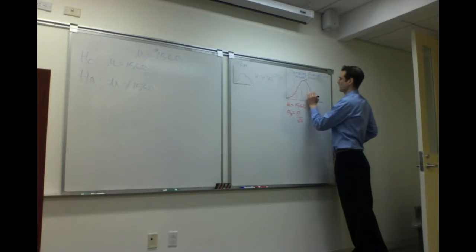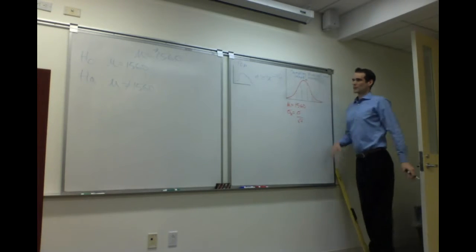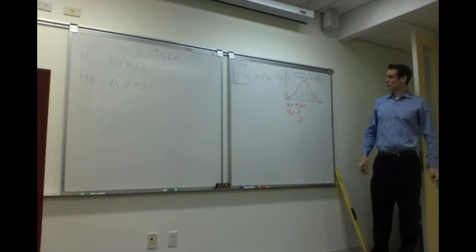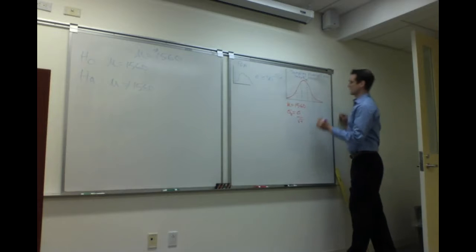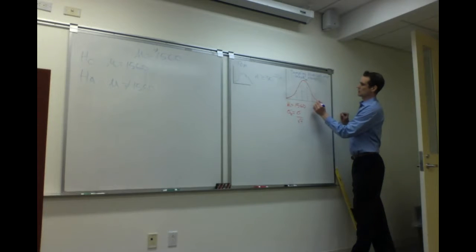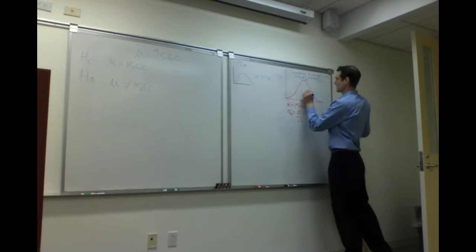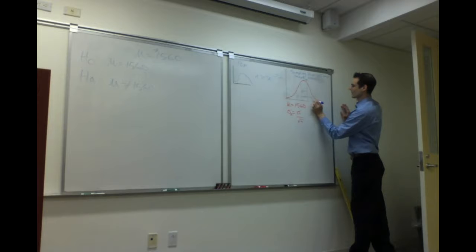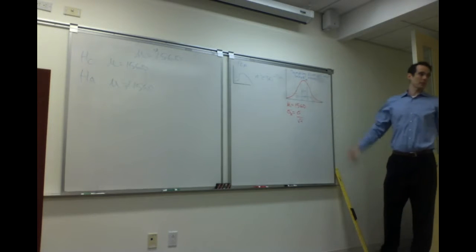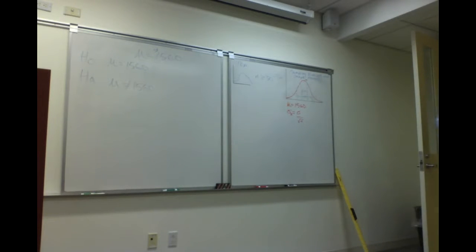So, suppose we were to take a sample mean and we were to get one of those sample means that falls, let's do this, this is 1, and this is 2 standard deviations. Okay, we were to get one of those that falls above 2 standard deviations above the mean.